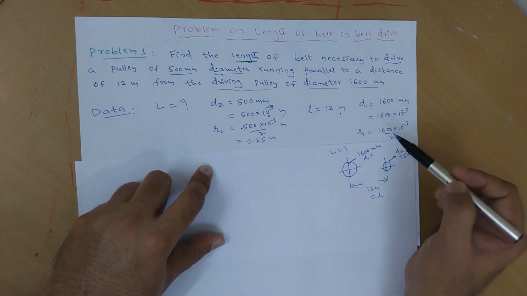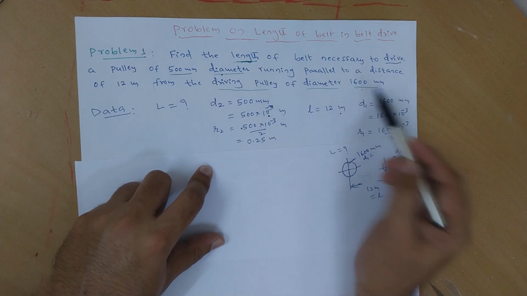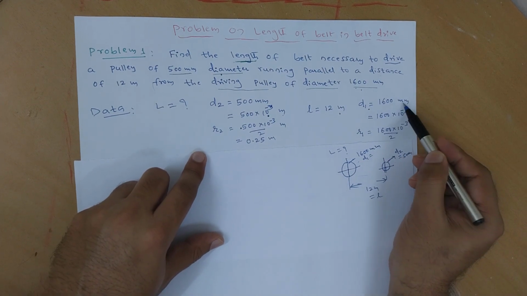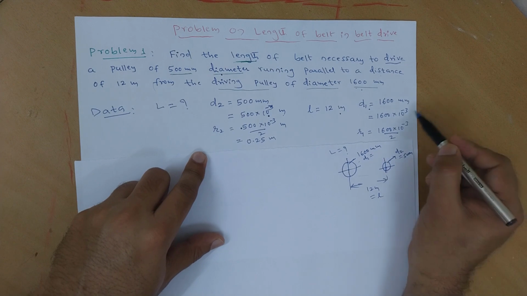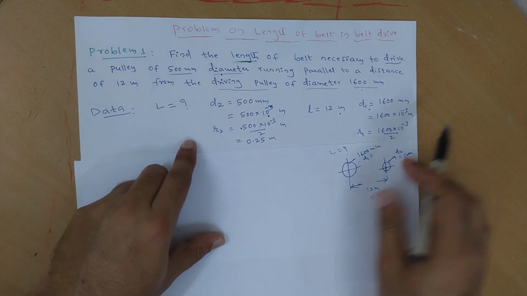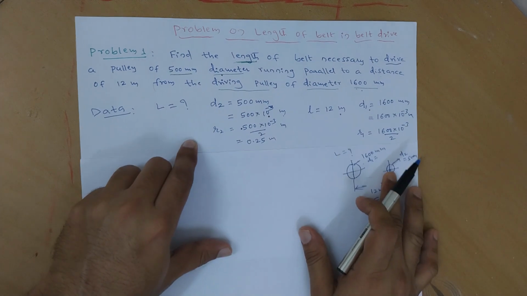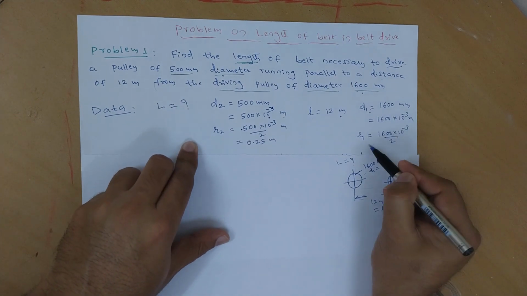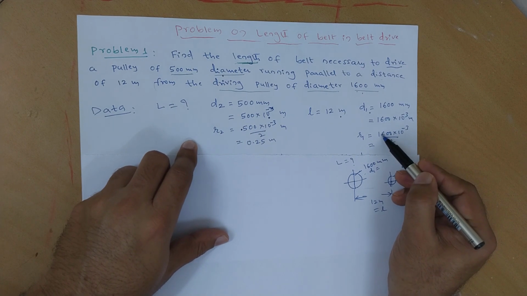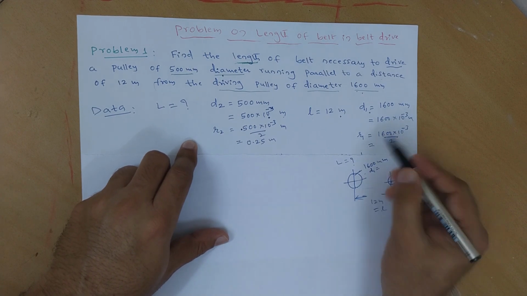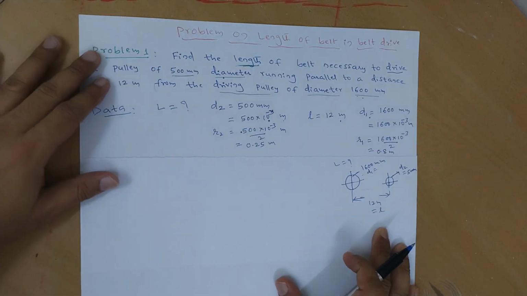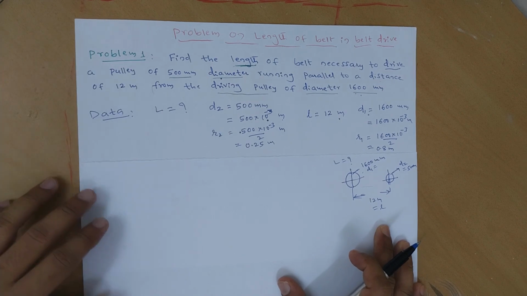The bigger diameter D1 is 1600 mm, which in meters is 1.6, and the radius is 1.6 divided by 2, that is 0.8 meter. This is what is given.